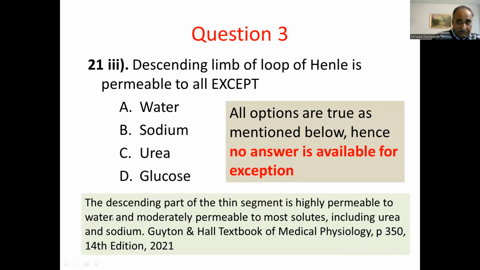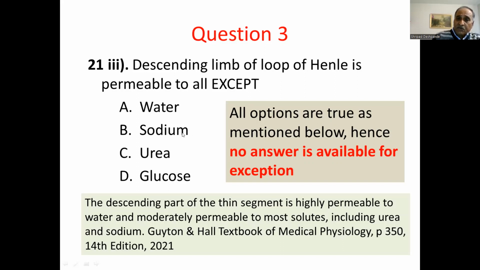The first part is highly permeable to water and moderately permeable to most solutes. Glucose is one of the solutes, including urea and sodium, bicarbonate, all the solutes present. Water, yes, it is highly permeable.